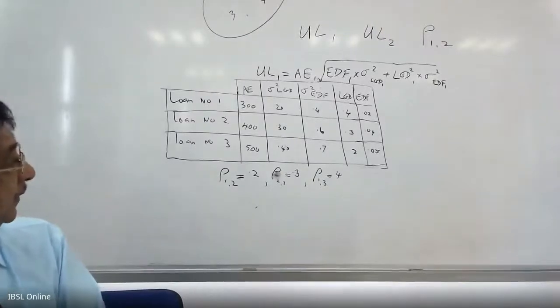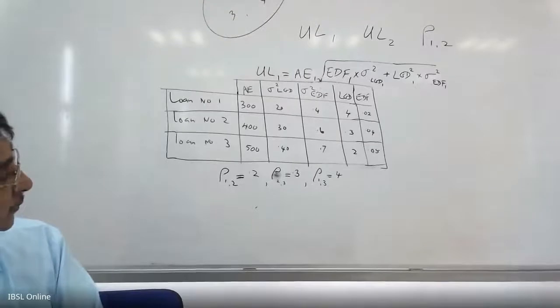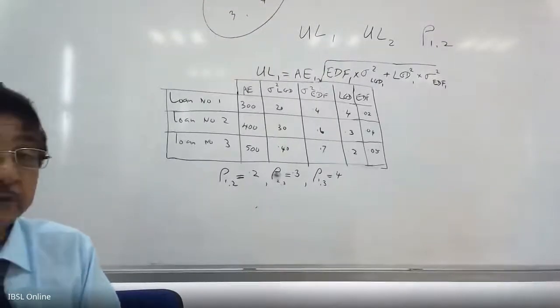Start with loan number 1: the average exposure is 300, sigma squared LGD, that is LGD's variance, is 0.2, variance of EDF is 0.4, LGD is 0.4, and EDF is 0.02.